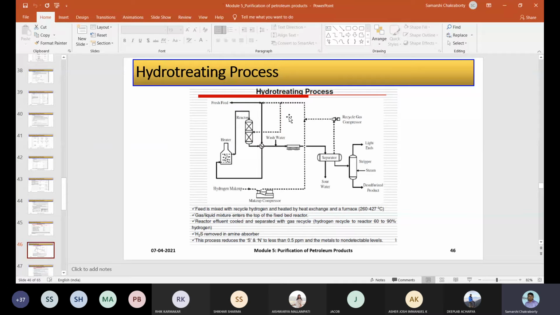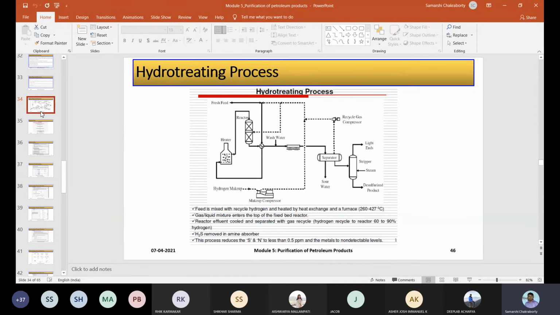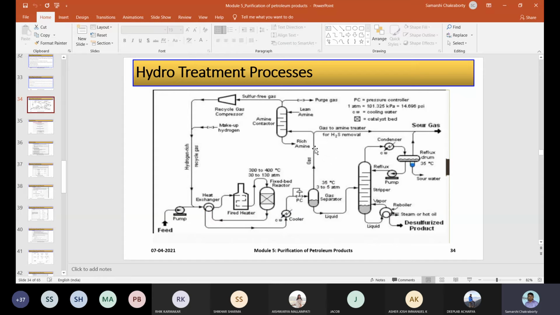These two diagrams are the same, but whenever you are talking about the process flow sheet of this hydro treatment process, you should talk about this diagram. That diagram explains the process in a very easy manner, but if you want to understand what components are present there, this diagram is more appropriate.